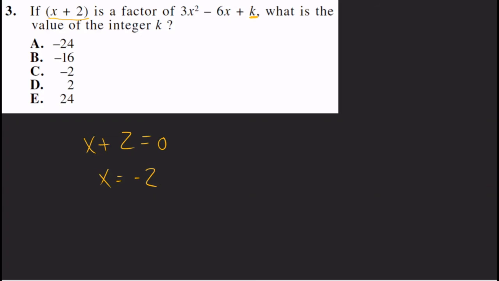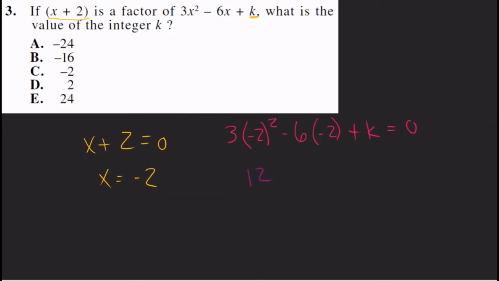So negative 2. I'm going to plug in negative 2 everywhere there's an x in this quadratic, plus k, and again I have to set it equal to 0 because I set the factor equal to 0. All right, so negative 2 squared is positive 4. 4 times 3 is 12.